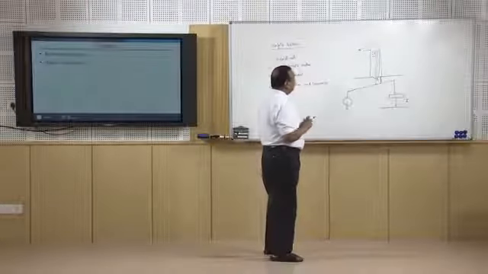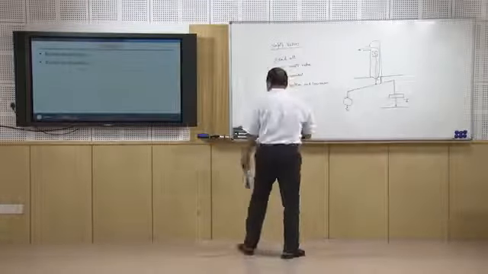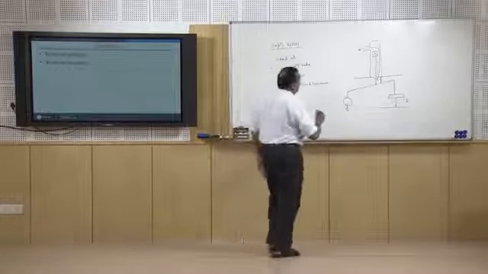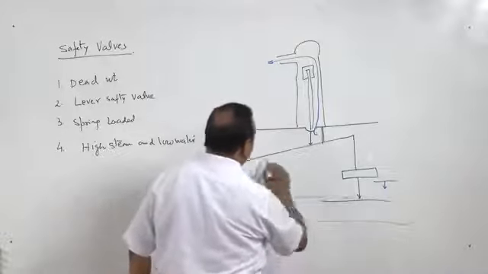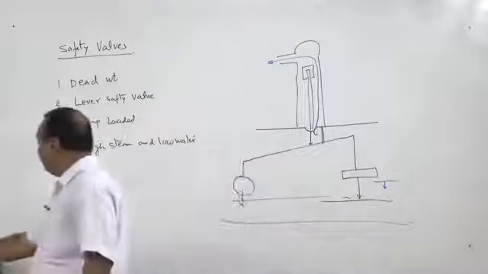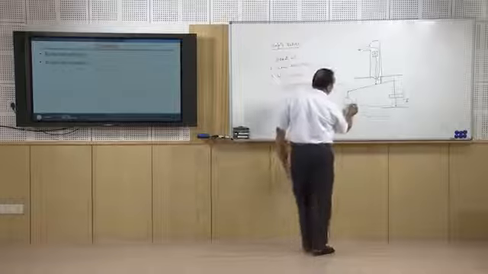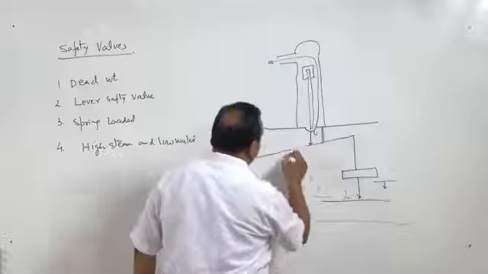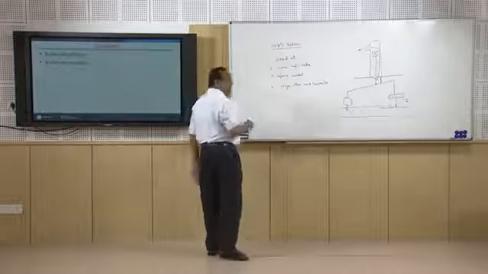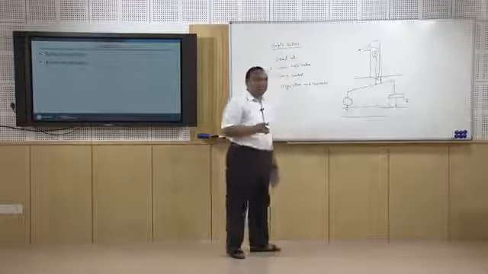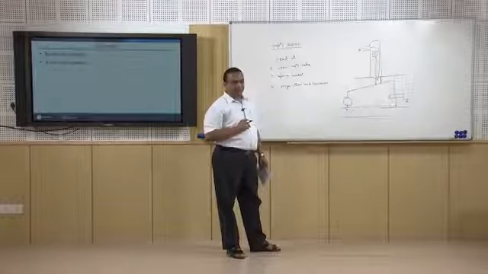On the other side, suppose the pressure exceeds, because this shell is partially filled with water and partially filled with steam. Definitely the lower part is filled with water, and the upper part is filled with steam. Pressure of the steam exceeds the design pressure.